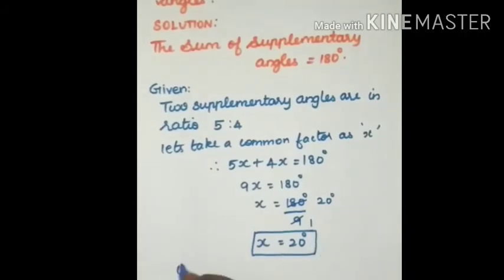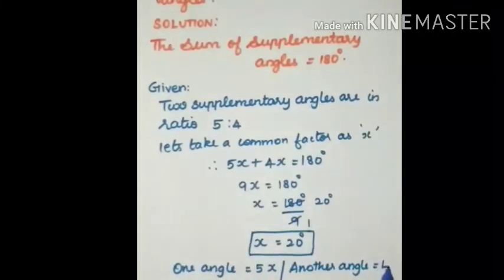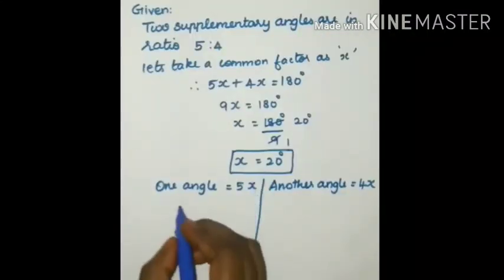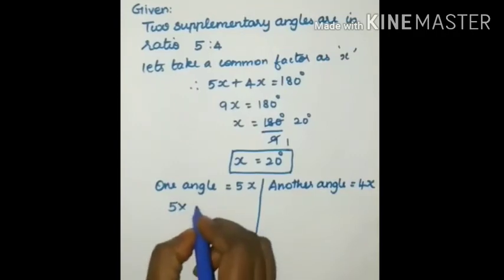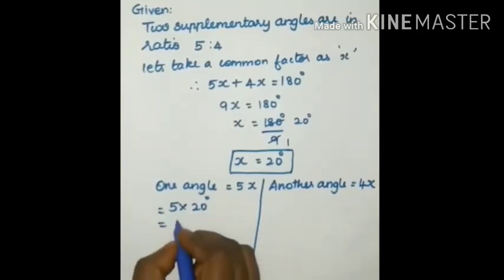Then one angle is 5x and the other angle is equal to 4x. Then you have to substitute the x value as 20 degree. 5 into x, that is 5 into 20 degree, 100 degree.